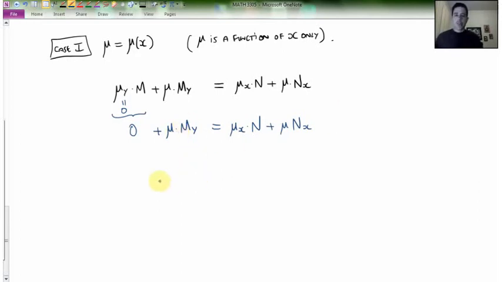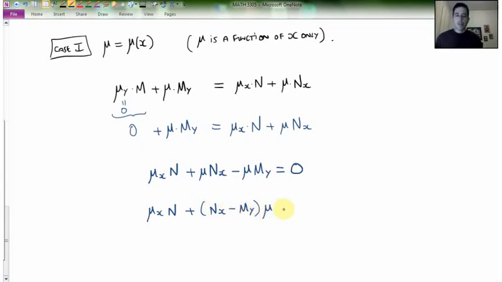Then we get mu nx minus mu my equals 0. I'm just rearranging that. And look at this guy here. n mu_x plus nx minus my times mu equals 0.